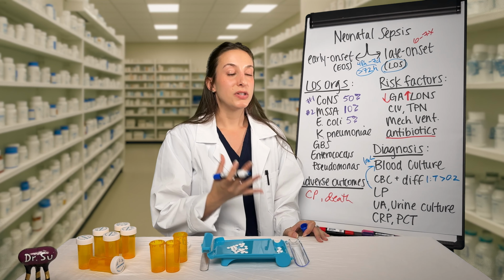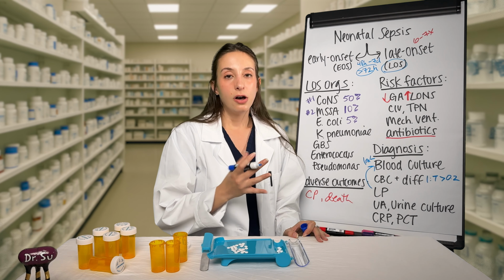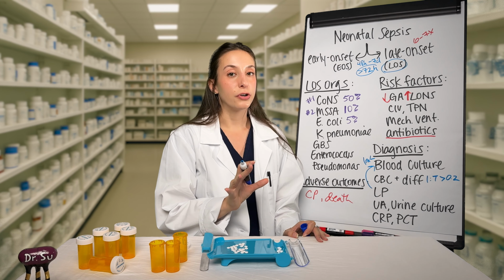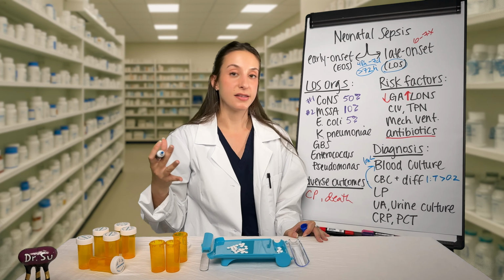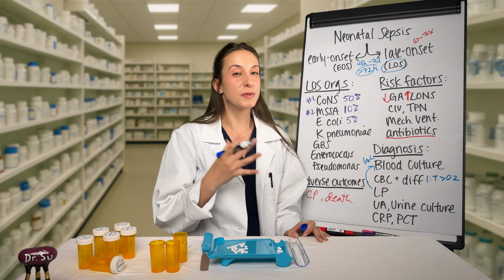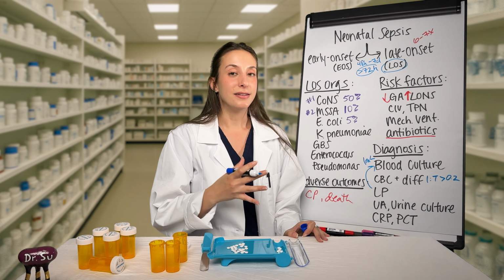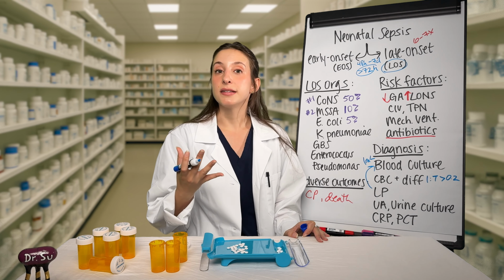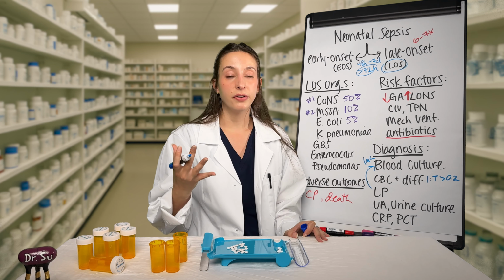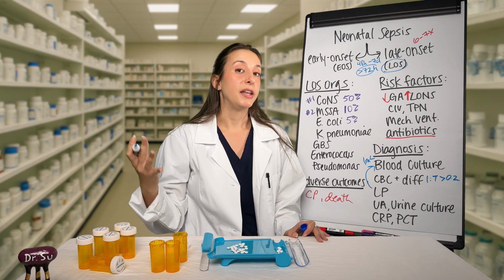They are sometimes used as a diagnostic tool, although there are some caveats. For CRP, it can take a little bit of time for the CRP to rise in the setting of sepsis. So just because the CRP doesn't look super elevated doesn't mean there's not sepsis. Procalcitonin is very sensitive after 72 hours of life, and it does rise faster in the setting of clinical sepsis.